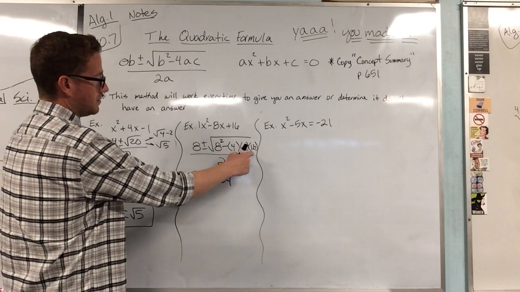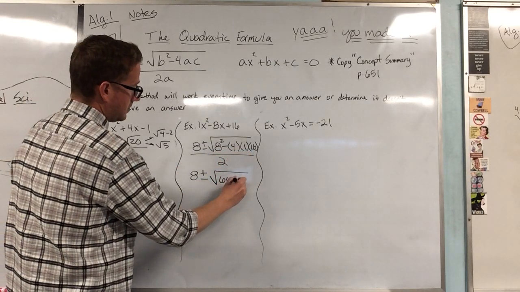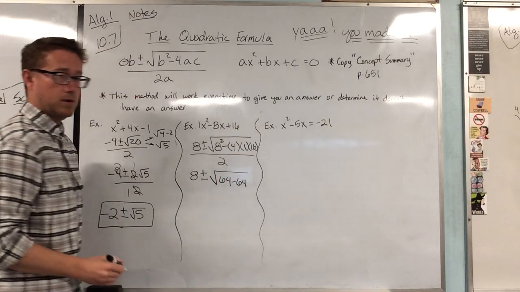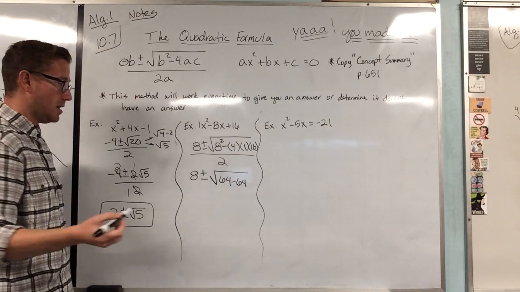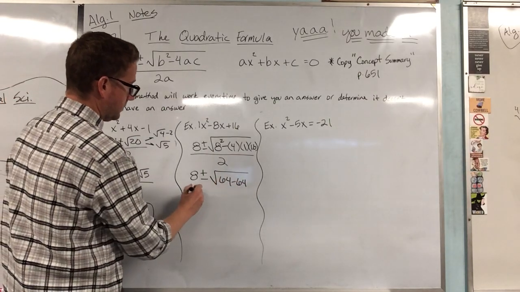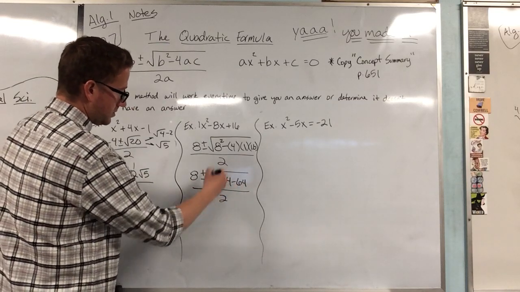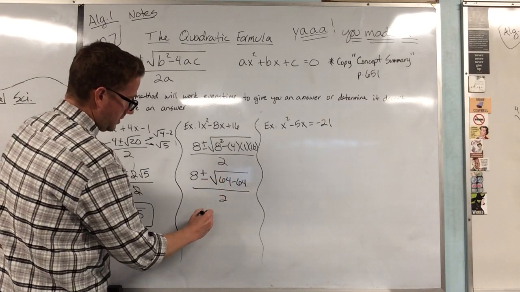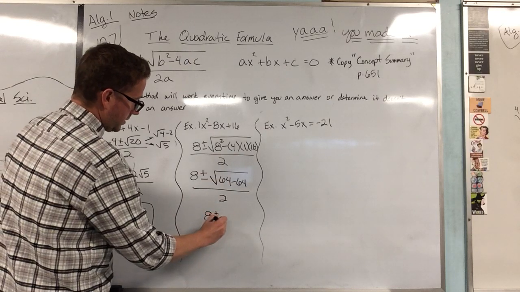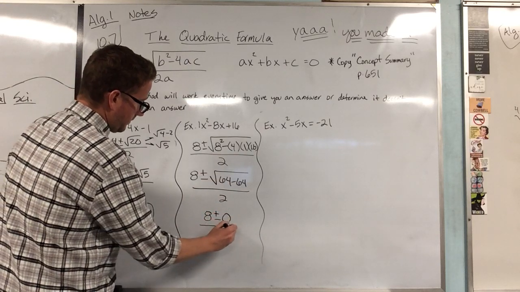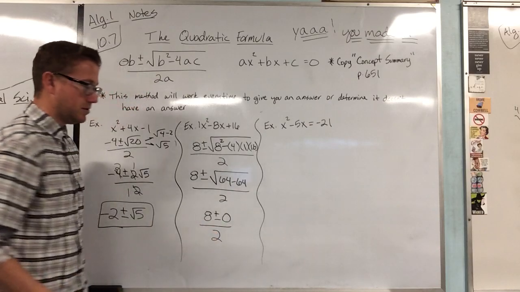A negative 4 times 16 minus 64. That works out pretty great. 64 and 64. Again, that's all divided by 2. But really, this is just going to be 0. So you're going to say 8 plus or minus 0, all divided by 2.